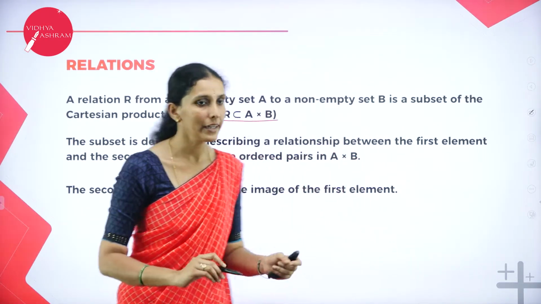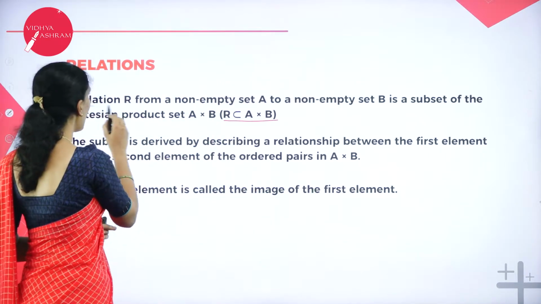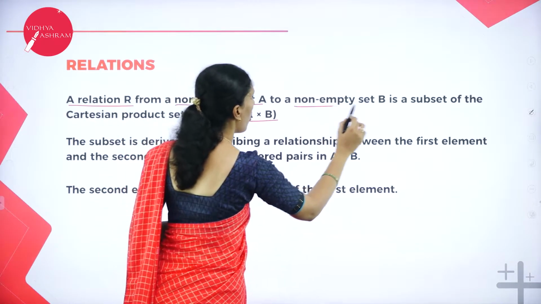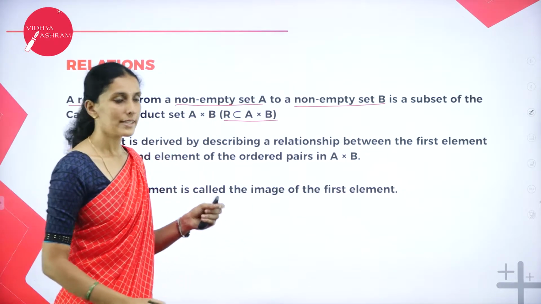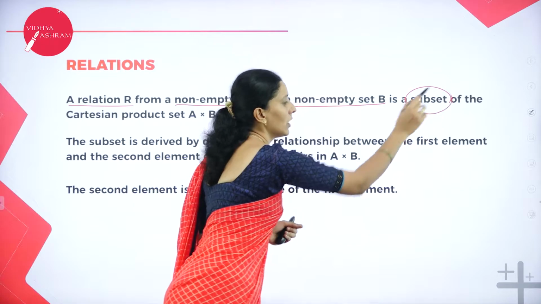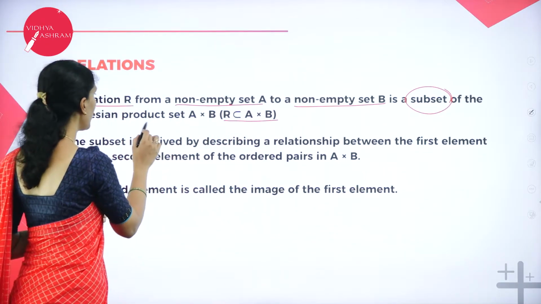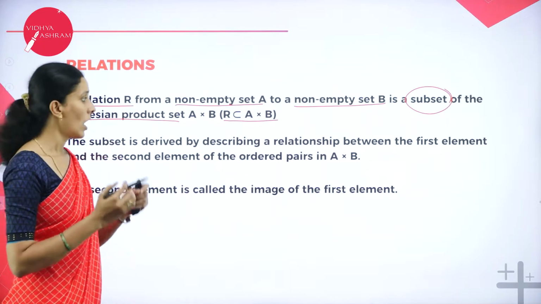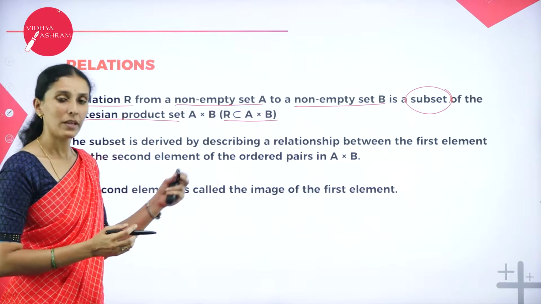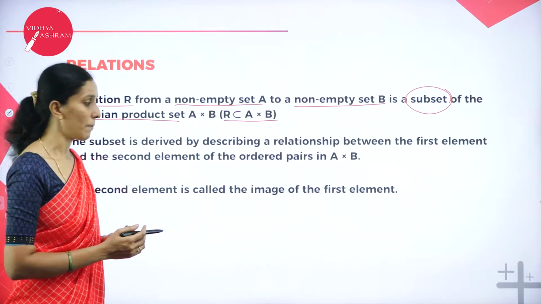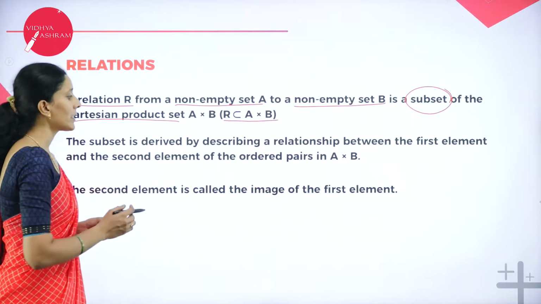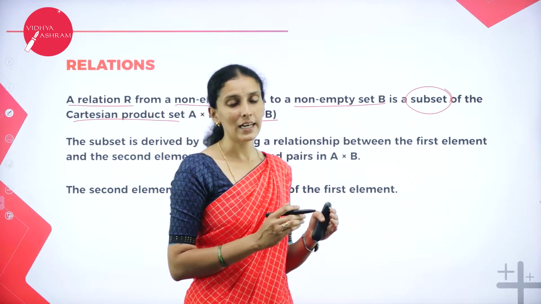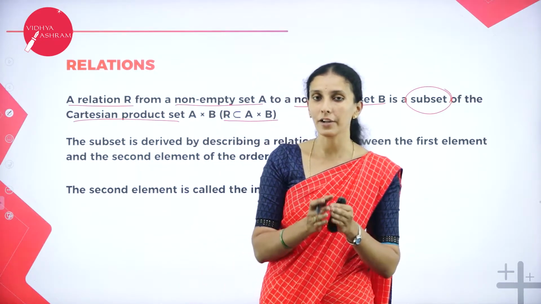How will we define it? A relation R from a non-empty set A to a non-empty set B is a subset of the Cartesian product. We symbolically denote it as R is a subset of A cross B. How is it a subset of A cross B? We will look at this by taking a few examples. The subset is derived by describing the relationship between the first elements and second elements of the Cartesian product.